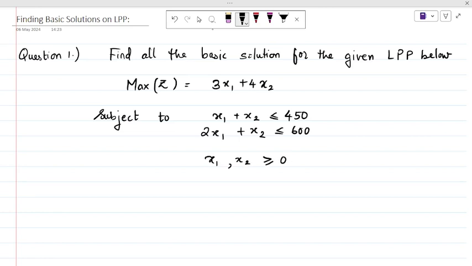This is the question given to us, and we are asked to find all the basic solutions for this. So let us see how to handle this.